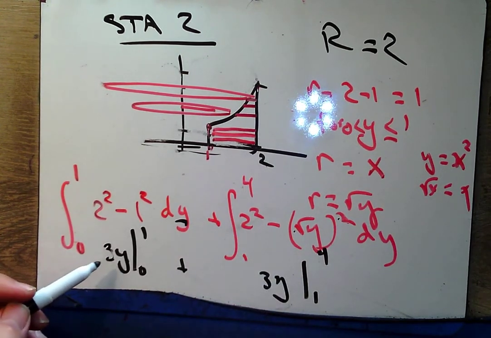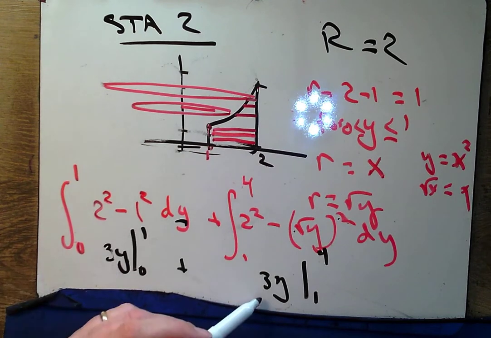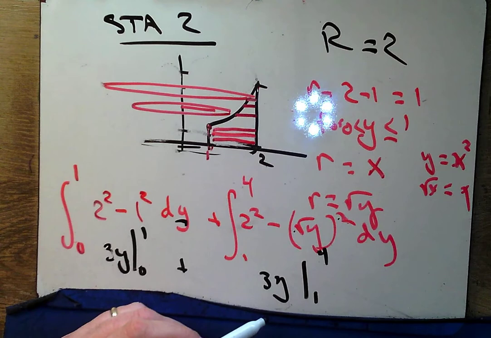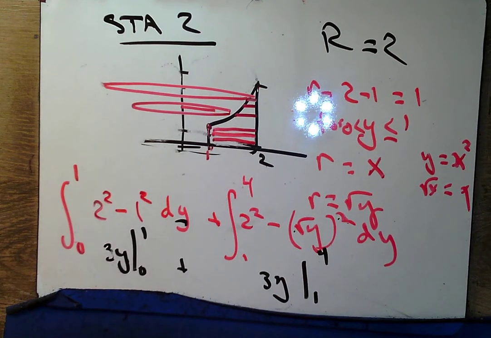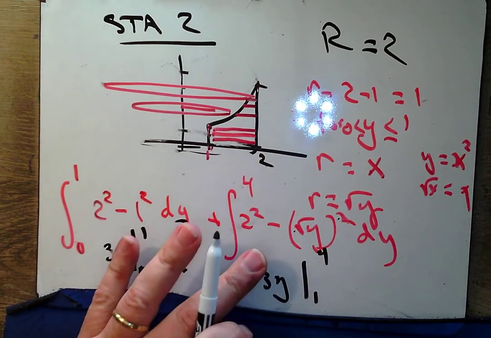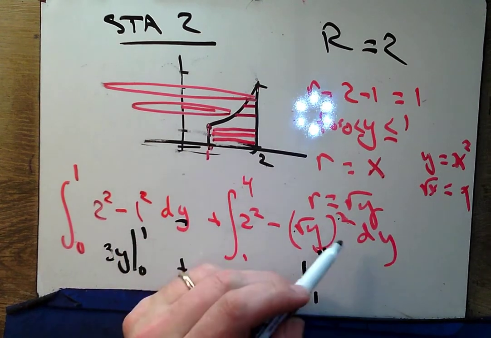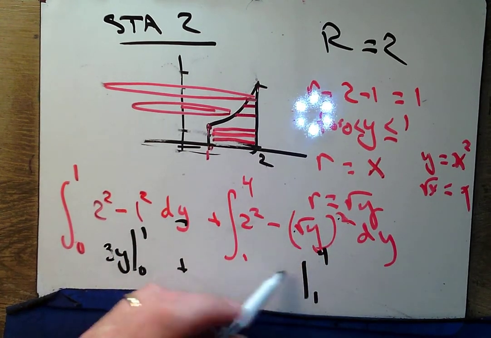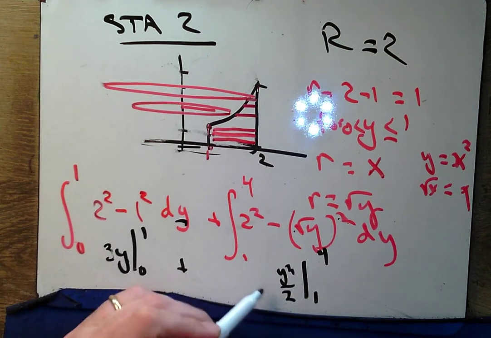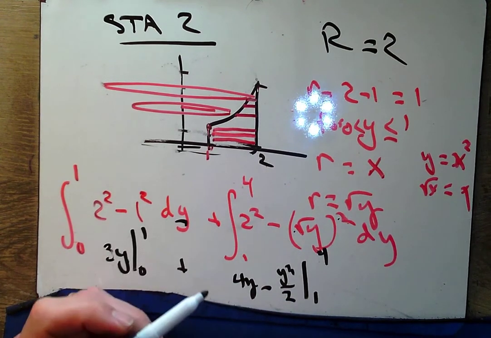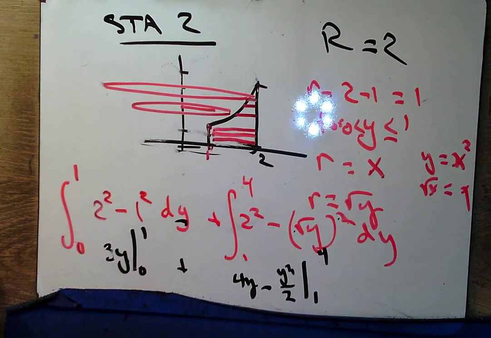Huh. Well, isn't that interesting? That's not at all what I expected. Oh, and that's because this is y, and the antiderivative is y squared over 2. There we go. 4y. That's much better.